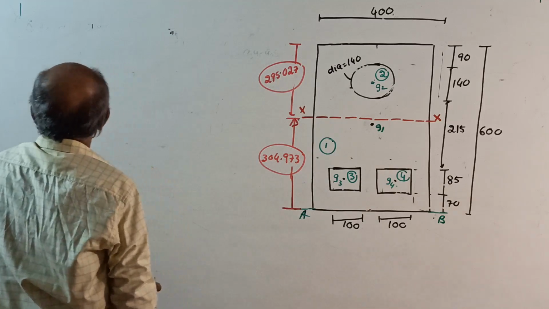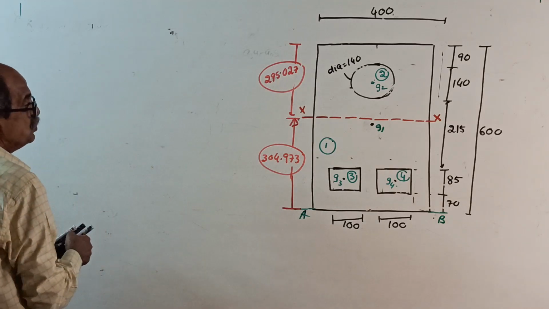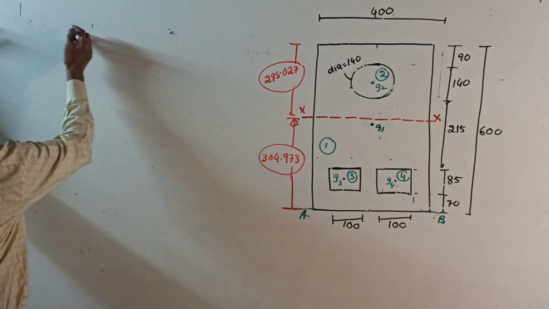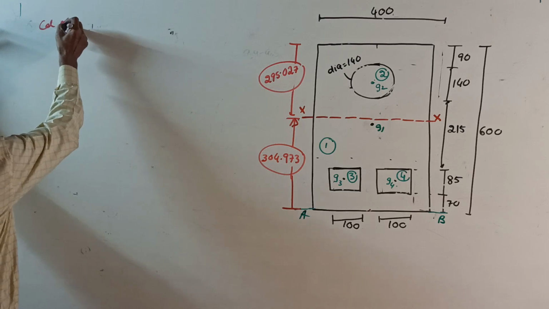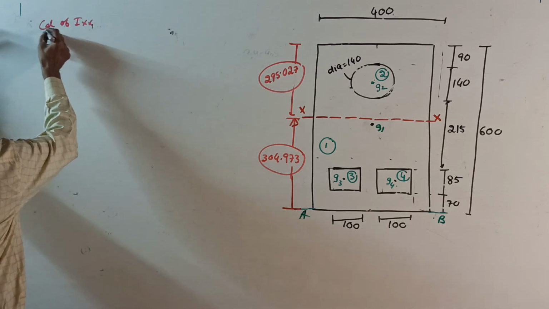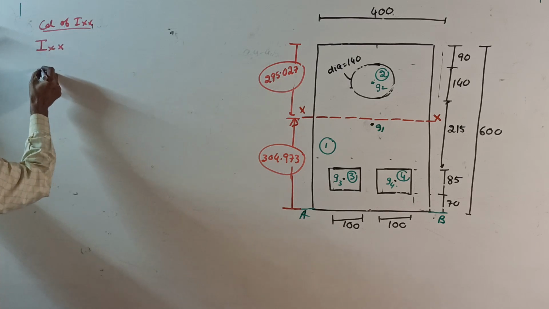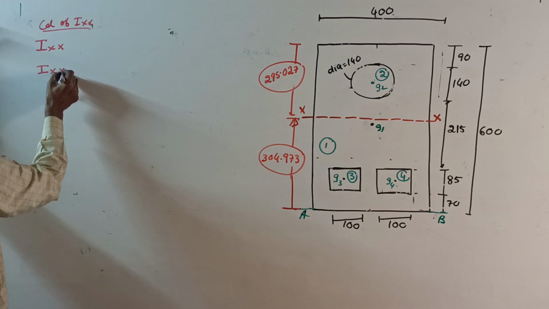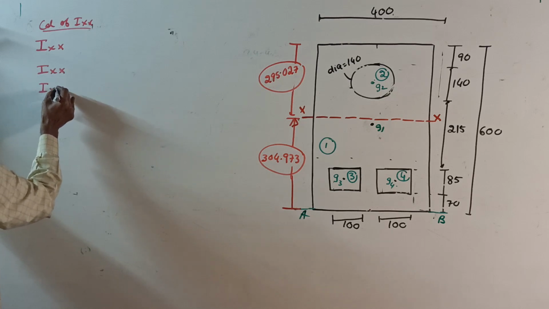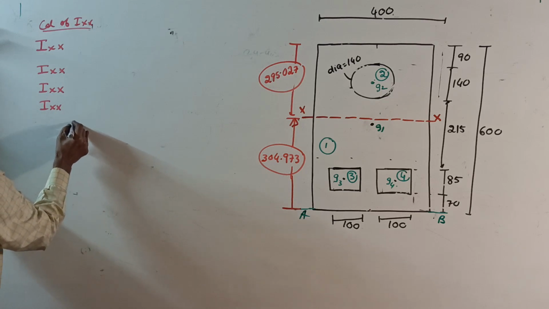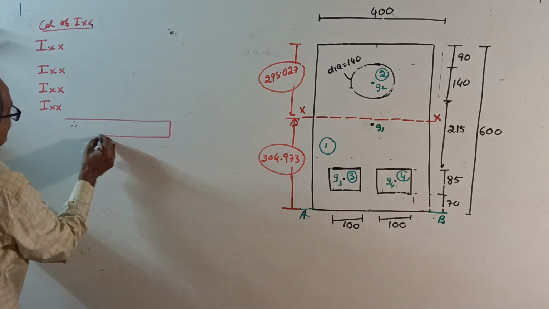Now start. Usual calculations you write. Calculation of IXX, IYY. I won't waste time unnecessarily now. Calculation of IXX: See, IXX for 1, IXX for 2, IXX for 3, IXX for 4. Therefore, final answer here.